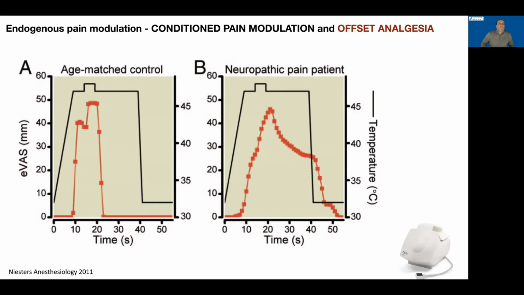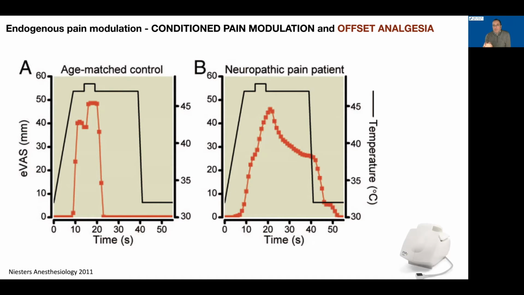This also is a form of endogenous pain modulation, which is possibly central, but there are ample data that indicate that this probably is related to either an effect at the spinal cord or even at the level of the fibers in the skin.